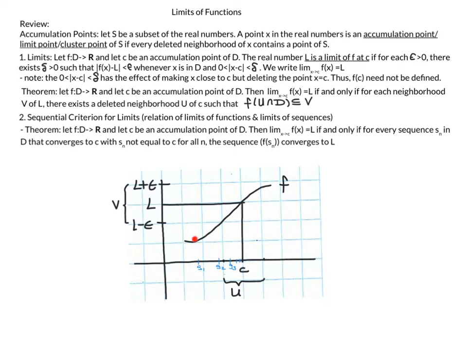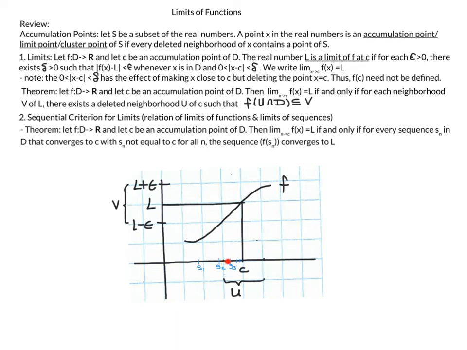I have this drawing here to help me out with the ideas. So I have a function, f of x, and I look at x approaching c, my accumulation point, and I'm saying the limit of f of x is equal to L if and only if for every sequence Sn in D that converges to c with Sn not equal to c for all n. So in other words, here I have a sequence converging to c. I have S1, S2, S3, getting closer and closer, converging to c but never equal to c.